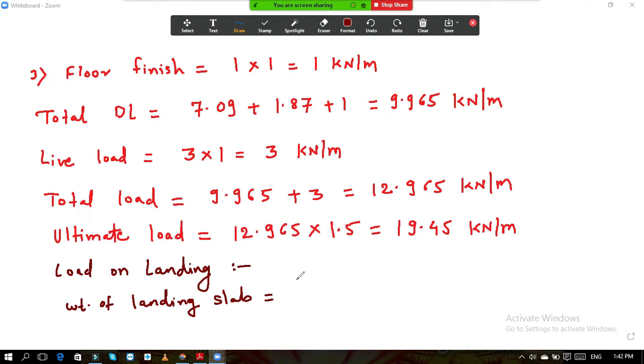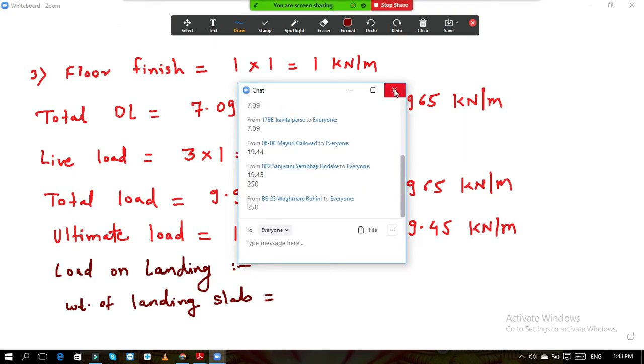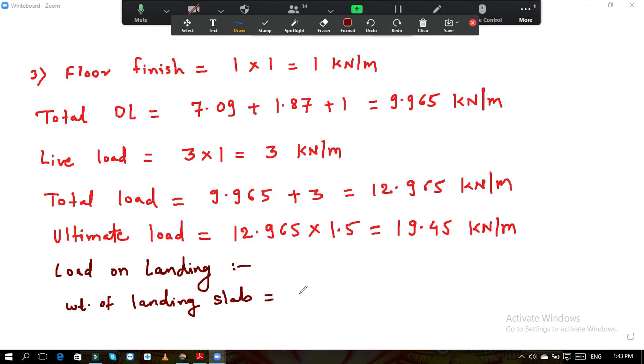What was our overall depth? Can anybody tell me the value? In the last lecture we found out the depth. Was it 250, 260, 230? What depth have we considered? 250. So 250 is the overall depth.